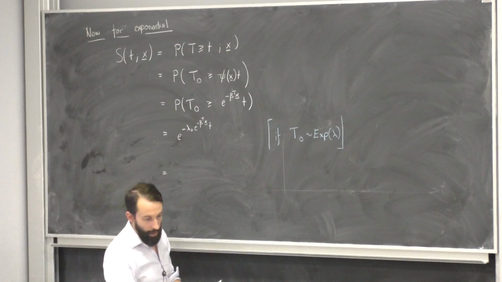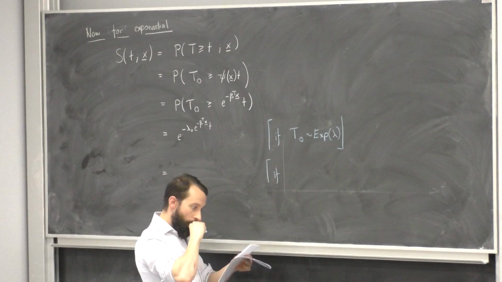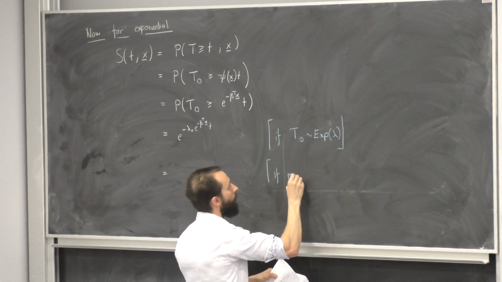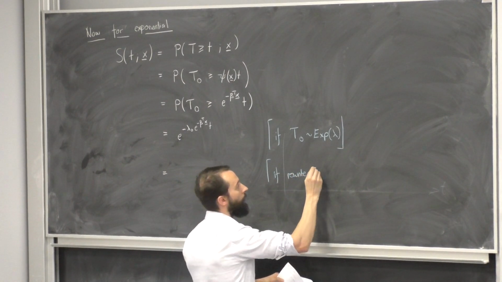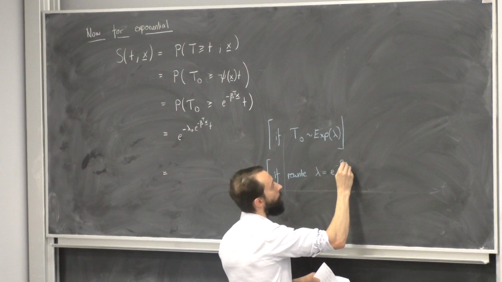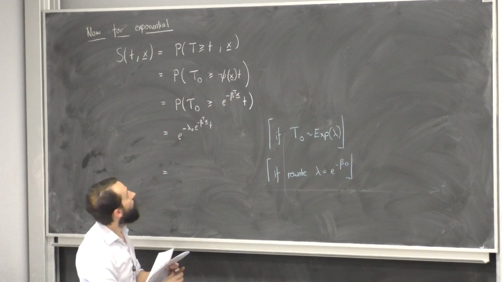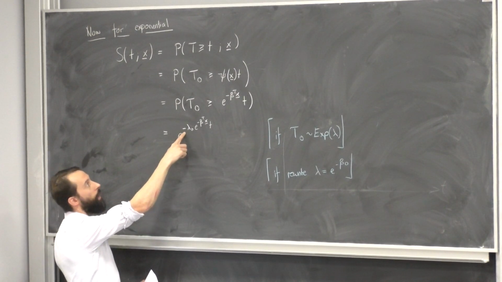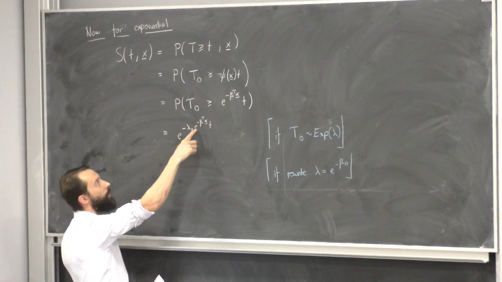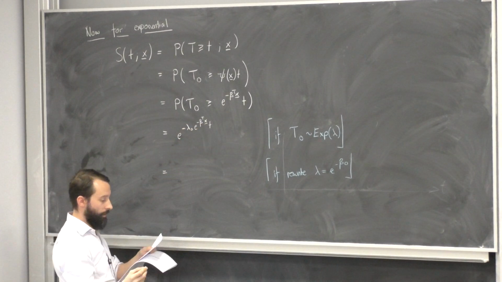Now if I do a little substitution and rewrite my lambda naught as e to the minus beta naught, then this becomes e to the minus beta naught times e to the minus beta transpose x times t.